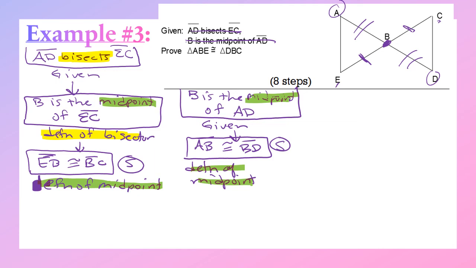So now looking at the picture, I don't know for sure that AE is parallel to CD, but the one thing I do know is that this angle here and this angle here are vertical. So I'm going to go rolling with that plan. So I'm going to say that angle ABE and angle DBC are vertical angles.